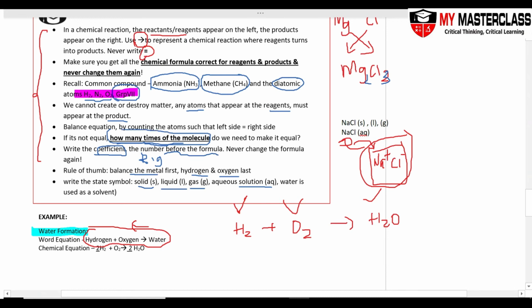Oxygen I have 2. To balance this, I need 2 times the water molecule. Once you have 2 times the water molecule, your hydrogen becomes a total of 4 atoms. The other side only has 2, so put 2 times, 2 hydrogen molecules. And this is your final balanced equation.